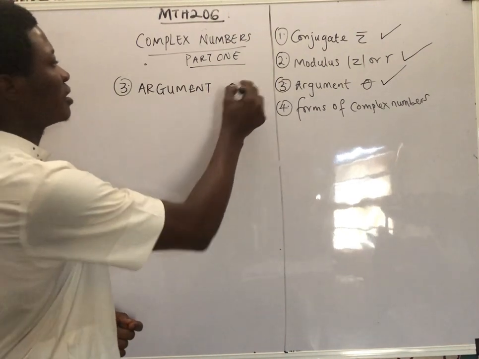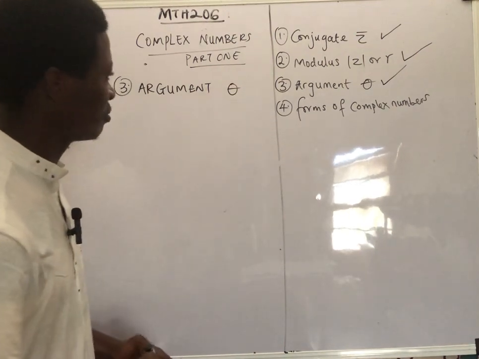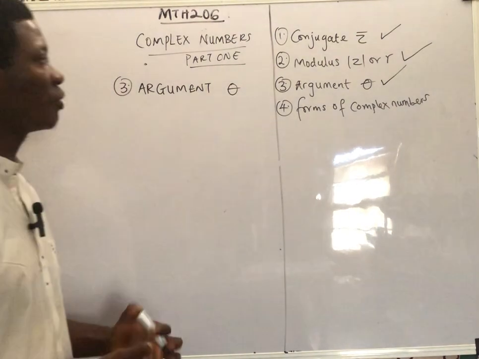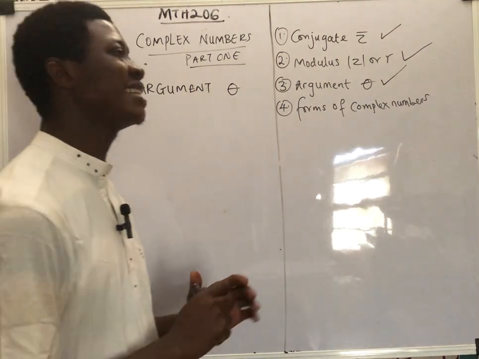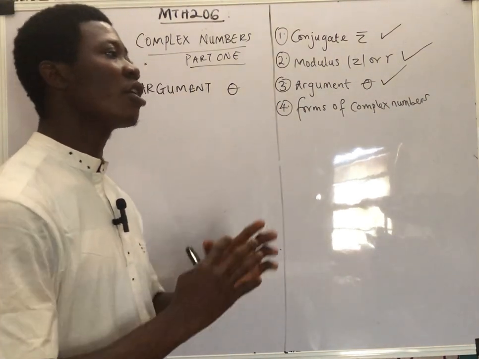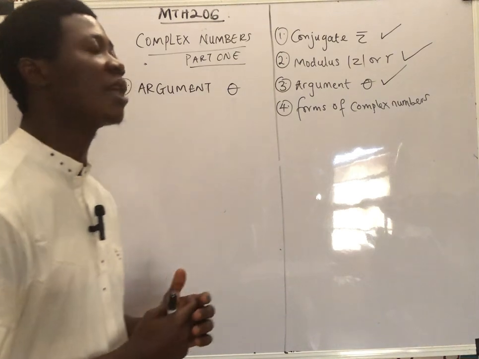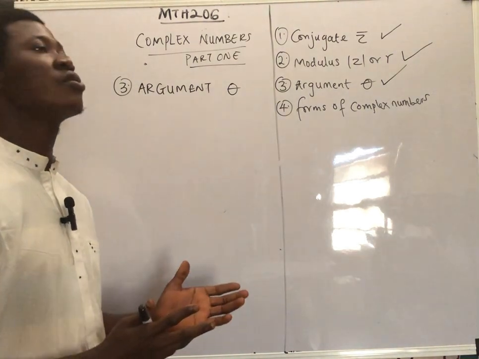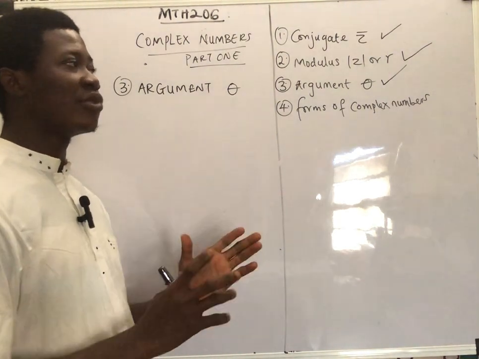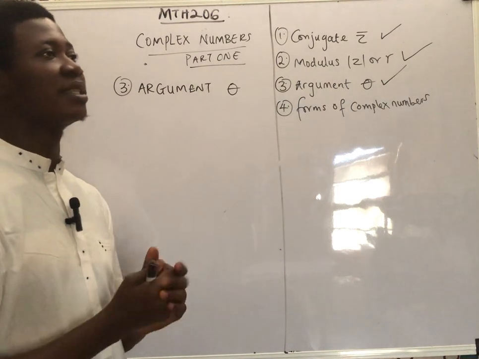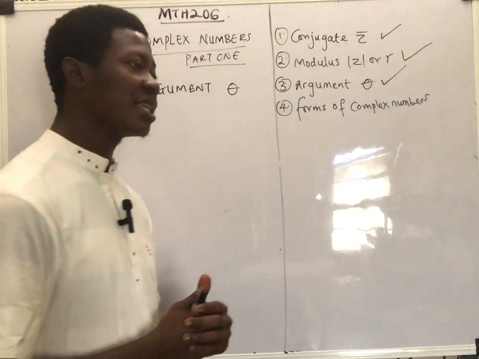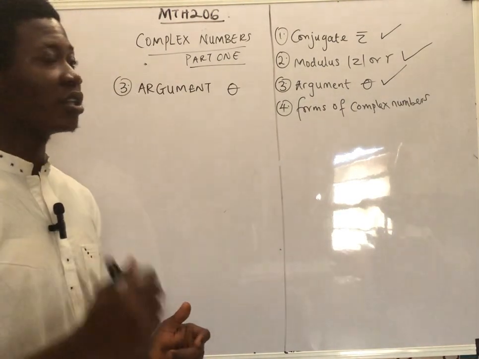We say that the symbol is theta, right? When it comes to argument, it is just like saying the angle. Since it's a complex number, it's not like every other number. It has to do with angle. So it has an angle, and that angle is referred to as argument. We have principal argument and we have ordinary argument.